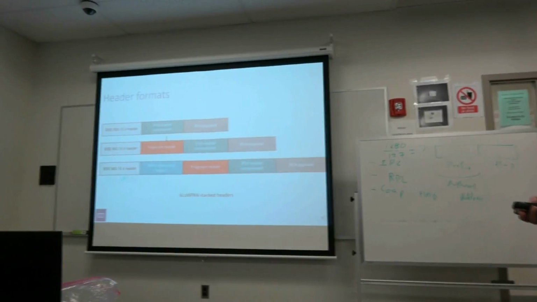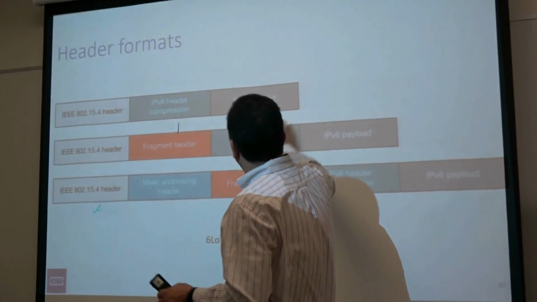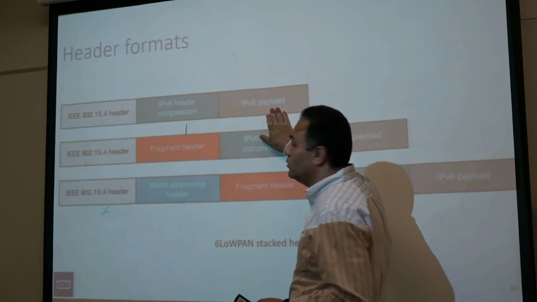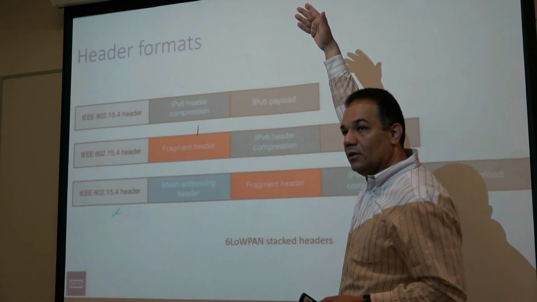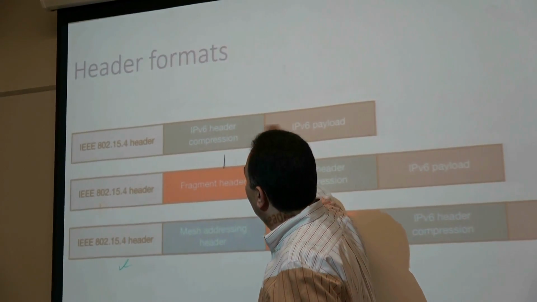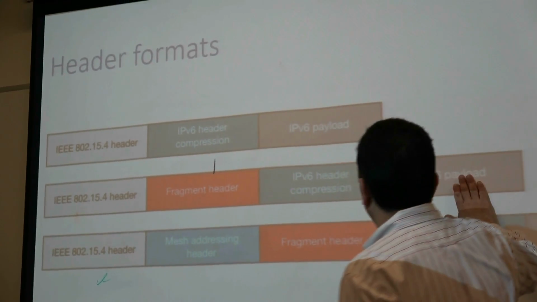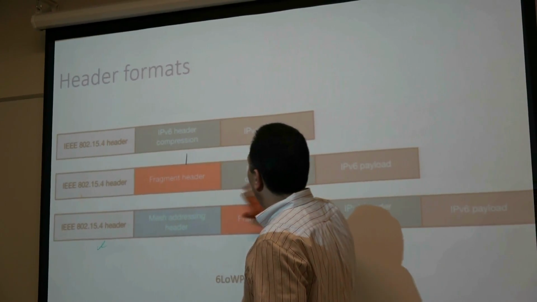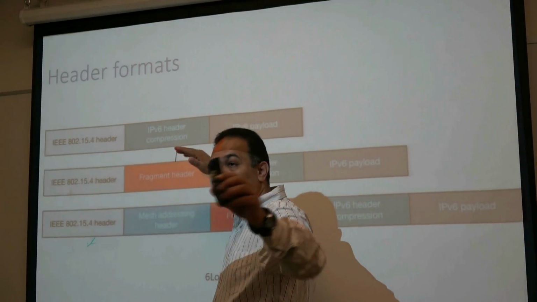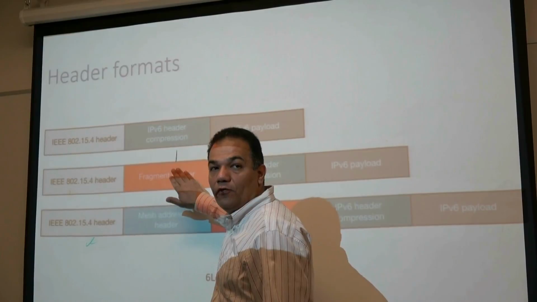So these are the header frames. So of course, you have the IP payload coming from application, right? It goes to IP. Then you have the IP header compression. Then it goes to the link layer. Or it could be IP, then the header compression, or the fragmentation header. If the packet is too big, you have to fragment it, so it will add a header for the fragmentation.